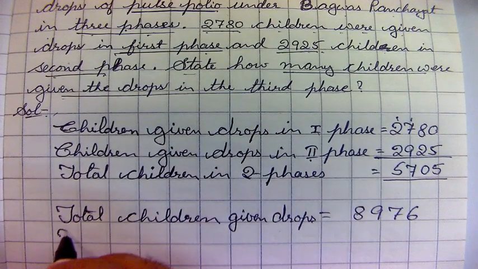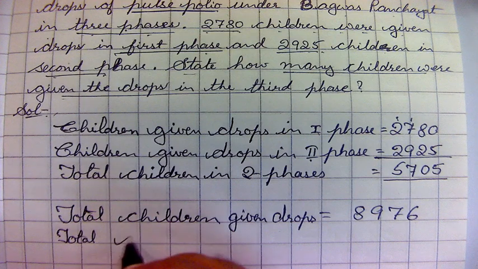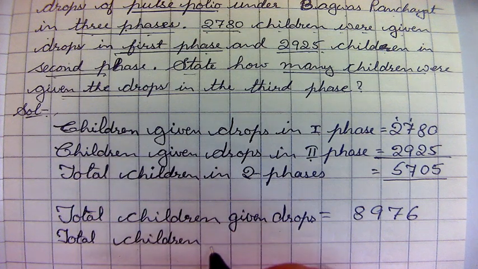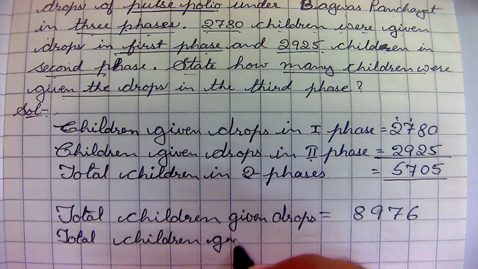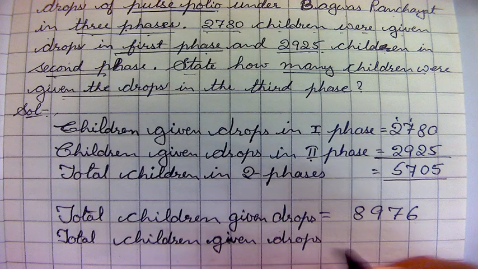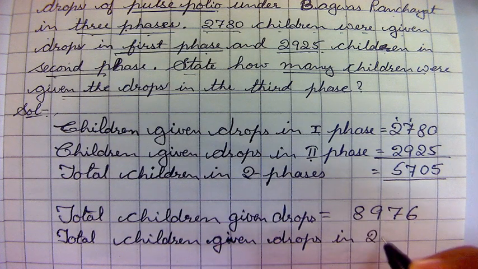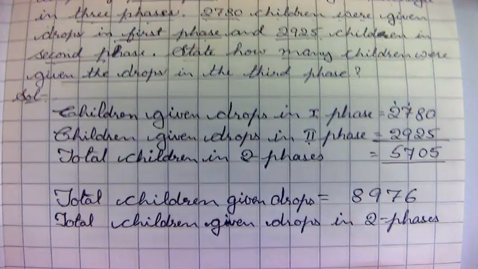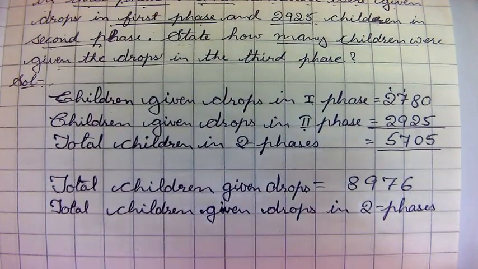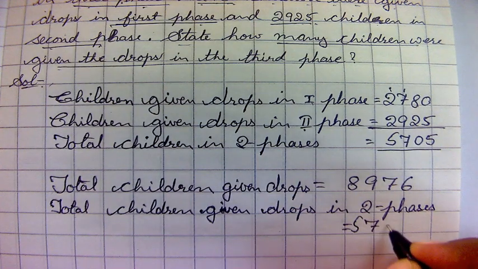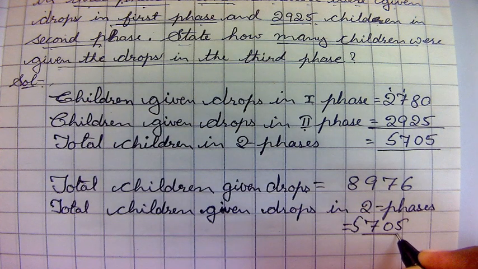And total children given drops in 2 phases. Now how many children were given drops in 2 phases? 5,705. This is the total amount.